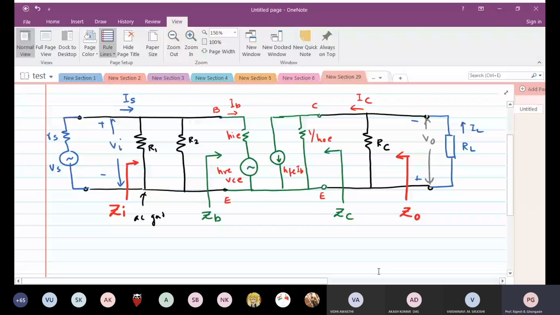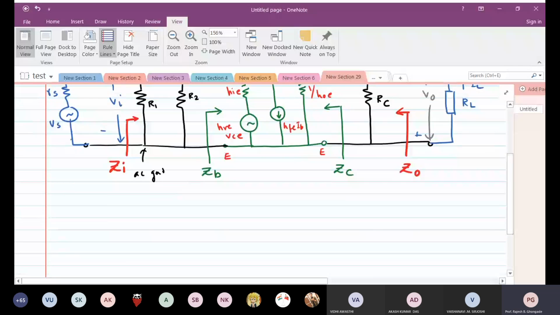We will be required to go back to the circuit again. So the very first is the input impedance. Again, you may have to refer back to the table many times when I say some things.